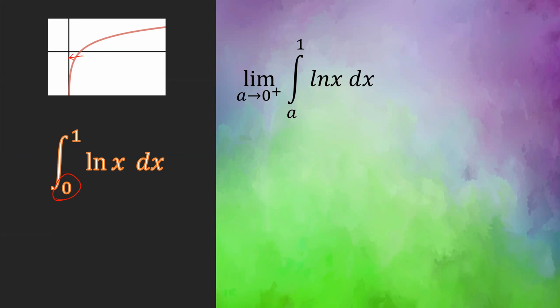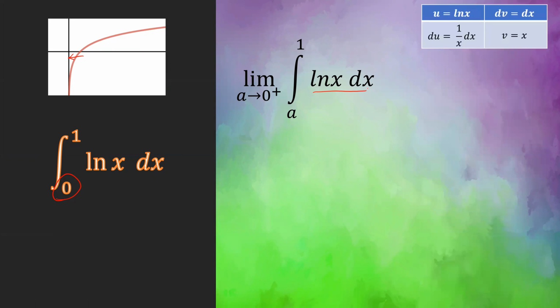Now the integral of ln x dx is going to require an integration by parts problem. Let u be ln x and dv be dx. Then du is 1 over x dx, and v is x, since the integral of dx is just x. Then you'll have u times v minus the integral of v du.